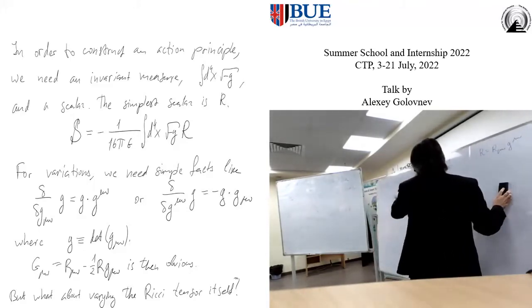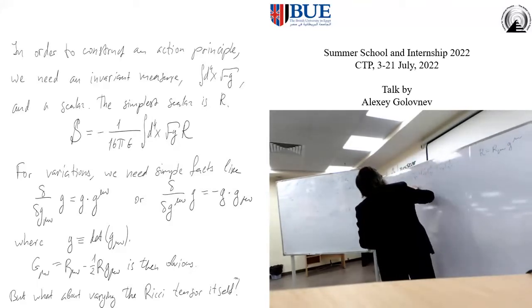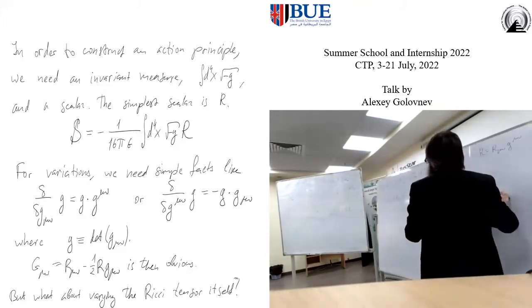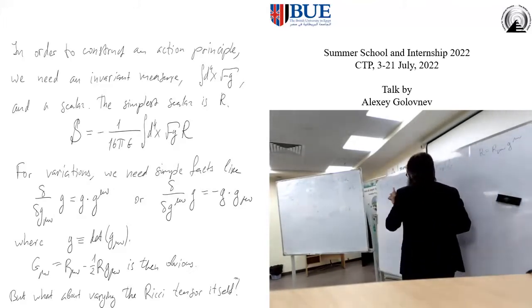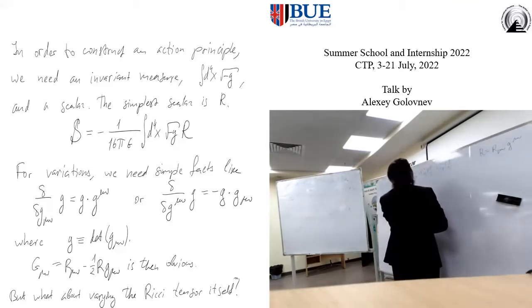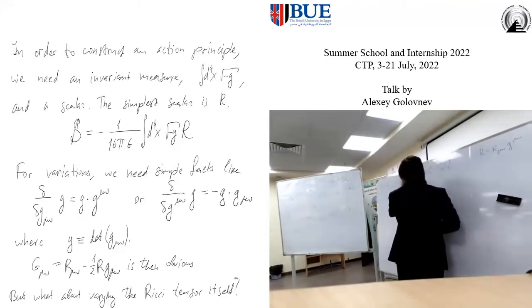Density is something which also changes like this square root of minus g. Okay, so I remove this circle, and let's see how you can do the variation. One question is how I do variation inside the Ricci tensor, and actually I don't even need to do that, and I will come back a bit later to that.